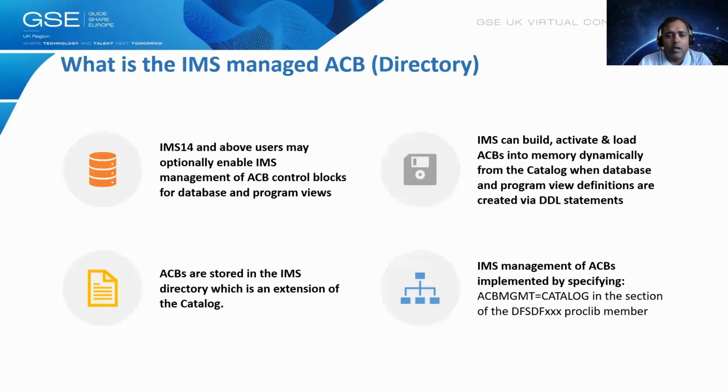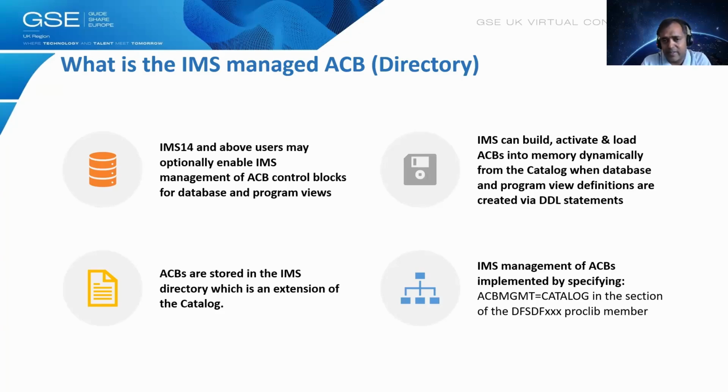Okay, so this is about the structure of a catalog database. Obviously we'll talk more about what is an IMS managed ACB. With IMS 14 and above, there was an option that users can optionally enable IMS managed ACB, so that your application control blocks for your databases and PSBs can be managed by IMS.